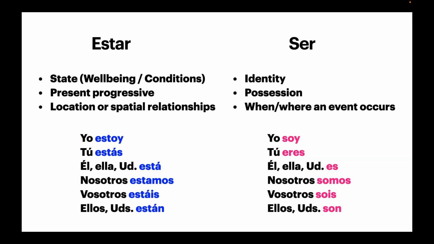To recap, we use estar to express a state, for the present progressive, and for location or spatial relationships. We use ser for identity, possession, and when or where an event occurs. Lastly, by now, hopefully you already know the conjugation.